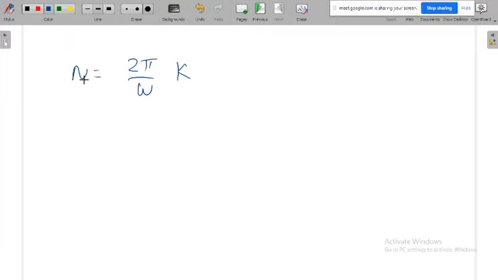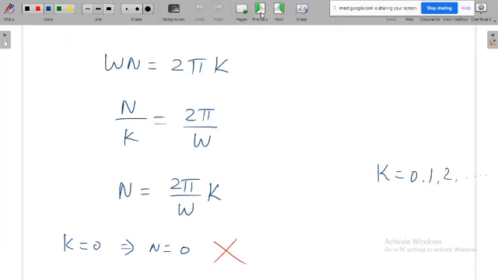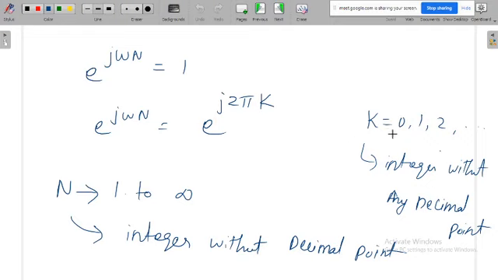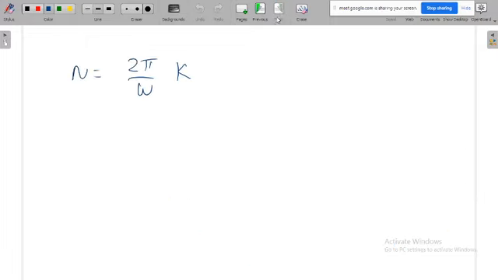What is the condition you have been told? Finally, if you want to satisfy this, k has to be an integer, and n also has to be an integer. You can put any value of k, but out of all these, what is the smallest value of k which gives n as an integer? That value of n we will call the time period of the signal.